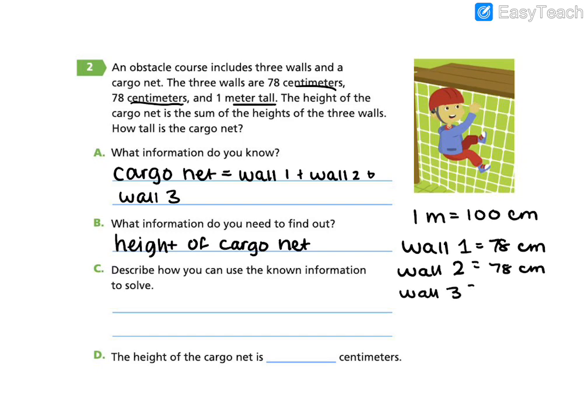And wall 3 is 100 centimeters. So what are we going to do with this information? How are we going to solve it? We're going to add 78 plus 78 plus 100 to find the height.